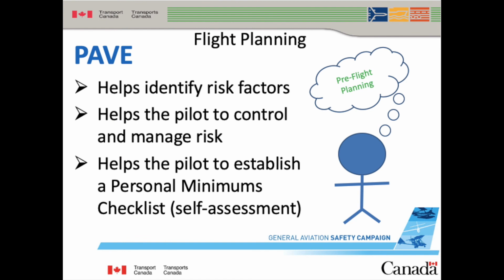PAVE is a tool that helps identify risk factors. It helps the pilot to control and manage risk. It helps the pilot to establish a personal minimum checklist, and this is purely self assessment. What are the possible risks that this tool can help you assess?